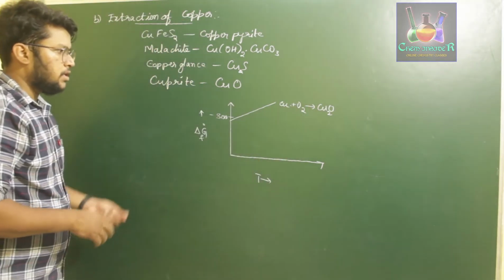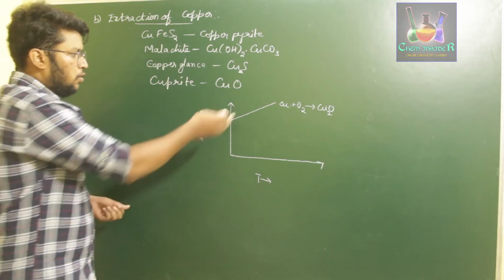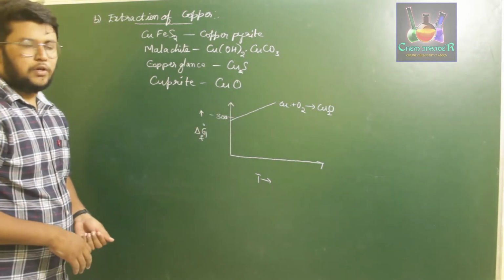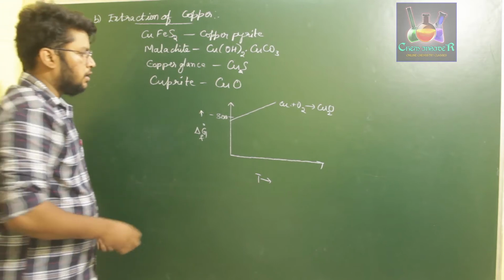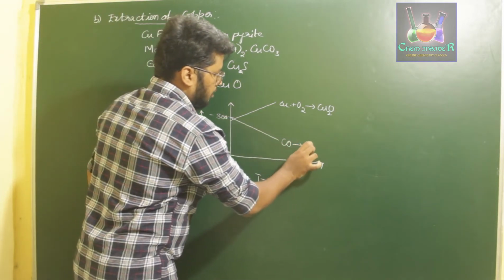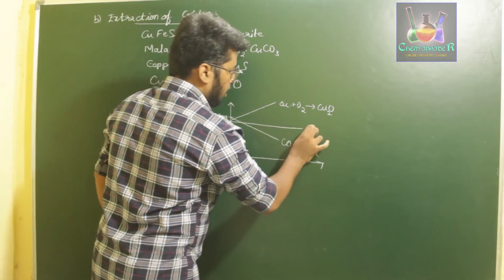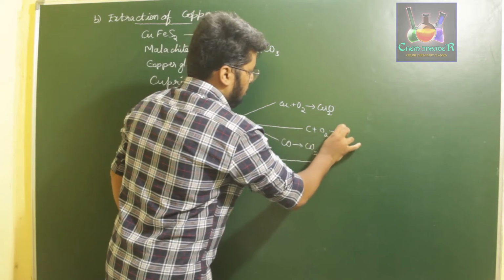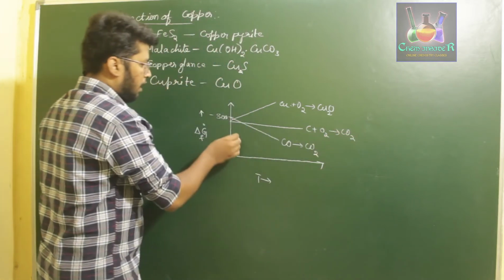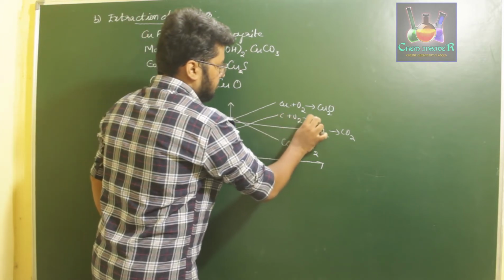Okay, so if you observe clearly, all the other reducing agents of carbon are below this copper to copper oxide formation curve. One is carbon monoxide giving carbon dioxide. Then we had the straight line of carbon to carbon dioxide. Then one more line, carbon to carbon monoxide.